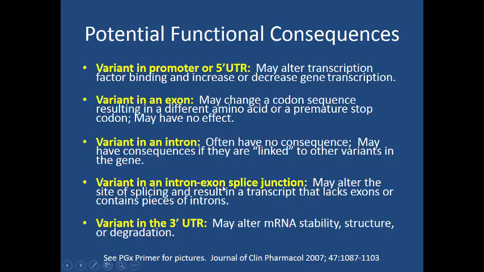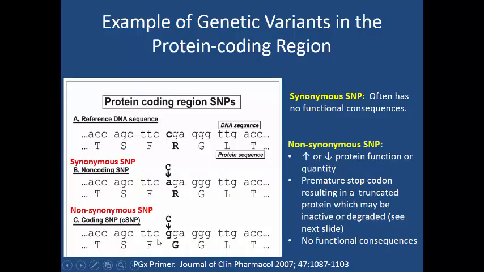But we have some really good examples in pharmacogenomics of how these kind of splicing variants can greatly impact drug response, and we'll talk about them later on in the course. And lastly, variants in the 3' untranslated region potentially can alter mRNA stability, structure, or degradation.